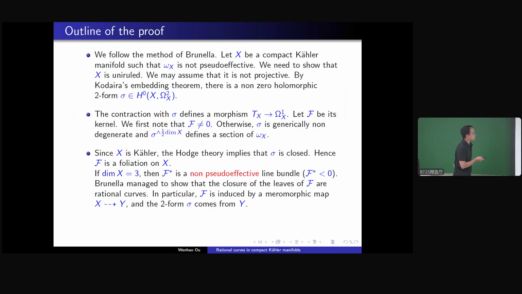And he managed to show that for this foliation, the closures of the leaves are rational curves. In particular, F is induced by a holomorphic map, so that F is indeed the relative tangent of this map, and the two-form comes from Y. The fibers here are rational curves. So X is covered by rational curves and is uniruled. This is what Brunella proved in 2006.